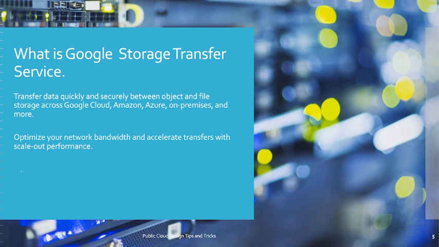That means it will enable you to transfer the data from your public cloud to your on-premise system, or between the public cloud systems as well. It will help you to optimize your network bandwidth and accelerate transfers with scale-out performance. That means when you have a huge amount of data, it will also help you to optimize your network bandwidth so that your transfer will be much faster.